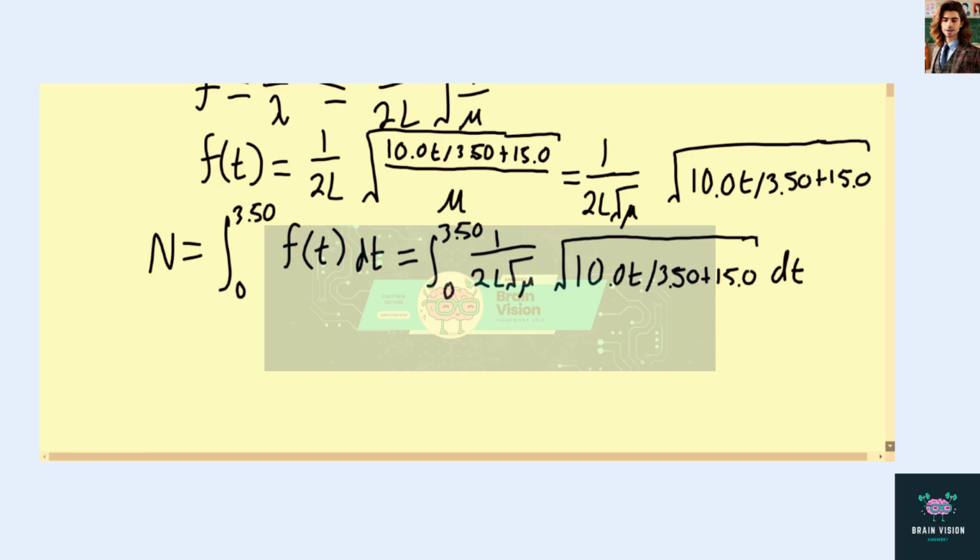What's nice about this is we already have a bunch of constants out to the front. So we can pull the 1 over 2L square root mu out of the integral because they're all constants, so we don't need to worry about that.